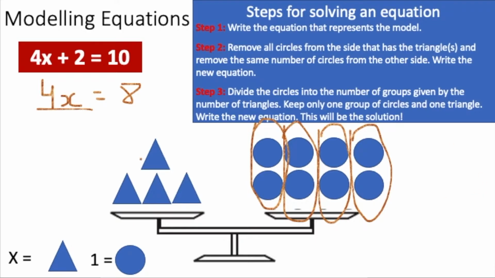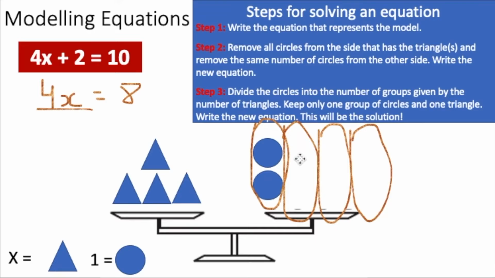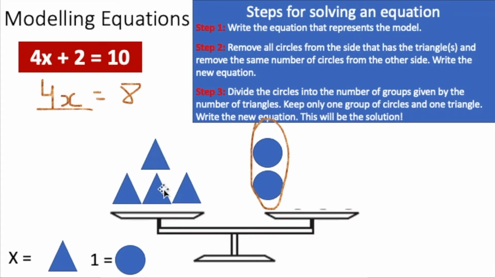So I'm going to get rid of all of these circles here, and I'll erase these now. I'm going to keep one of those groups, and I'm going to keep one of these triangles.